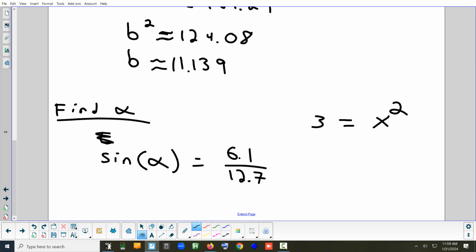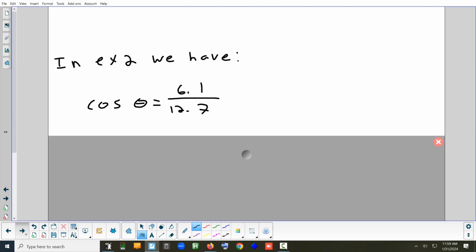You can't add, subtract, multiply, or divide to get rid of the exponent of 2. The only way to get rid of an exponent that is squaring is the opposite of squaring, which is square rooting. So same idea here. We've got to get rid of the sine function with the opposite of sine. Does anybody know what function cancels out the sine function? Arcsine. Yeah, it's called arcsine or inverse sine.